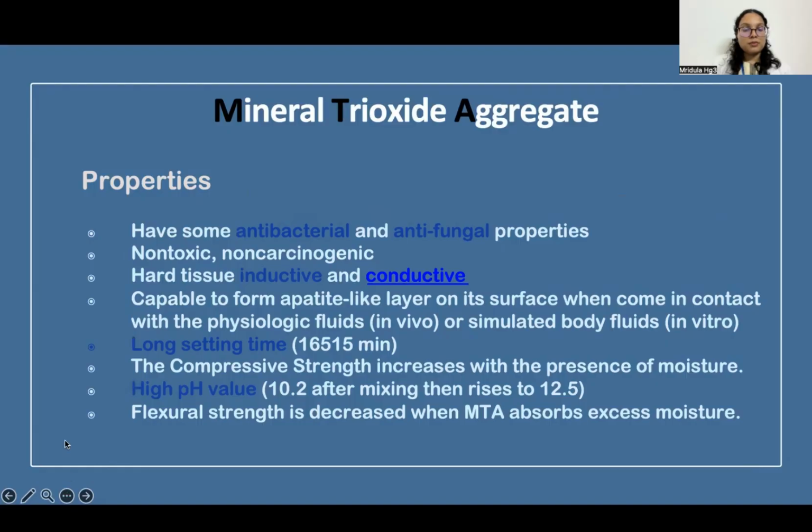The properties of mineral trioxide aggregate are: they have some antibacterial and antifungal properties. They're non-toxic, non-cariogenic, hard tissue inductive and conductive. It's both inductive and conductive, capable of forming an apatite-like layer on its surface when it comes in contact with physiological fluids or simulated body fluids.